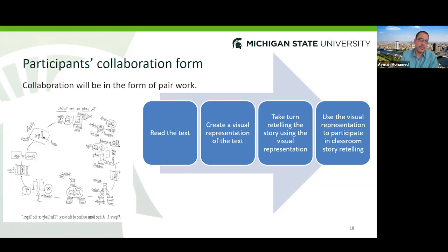The sketch you see is just a sample of what we imagined the students would be doing. Then they used this same visual representation to participate in classroom storytelling, retelling the story that they had read. This happened in breakout rooms, as groups.